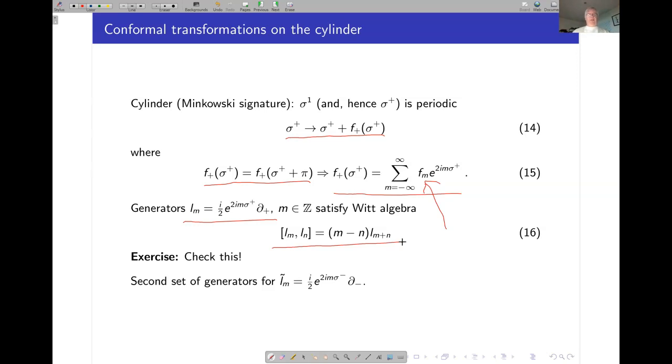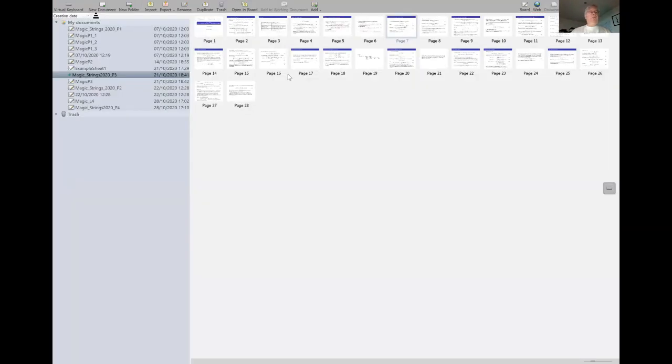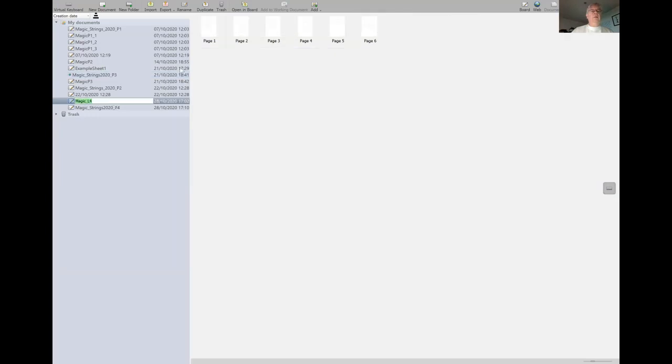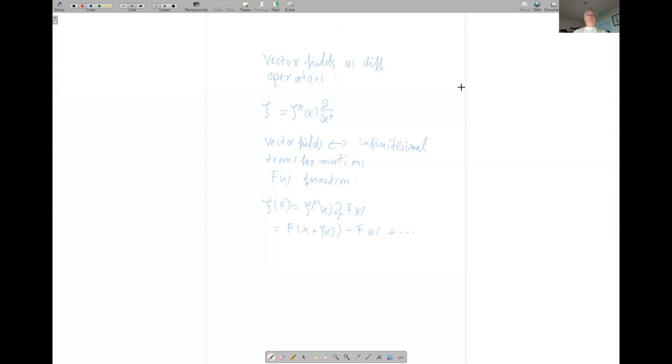But before continuing, let me stress or expand a little bit on the following form. What I'm using in this formula here is that one can regard vector fields as differential operators. Let me add a few side remarks on this.